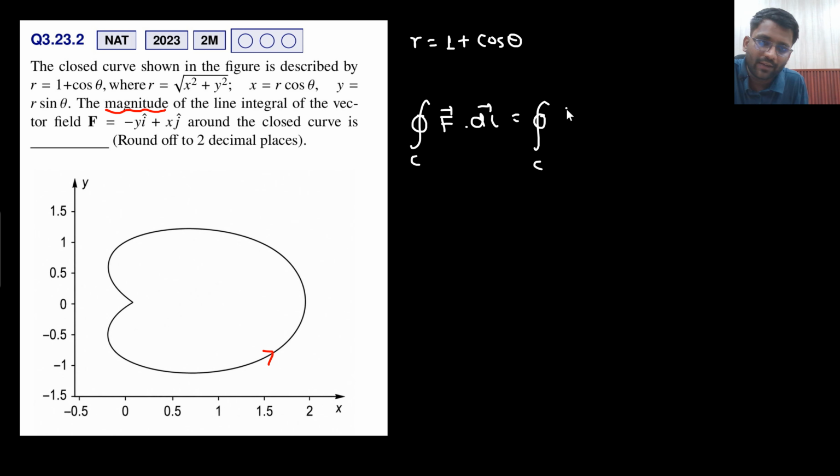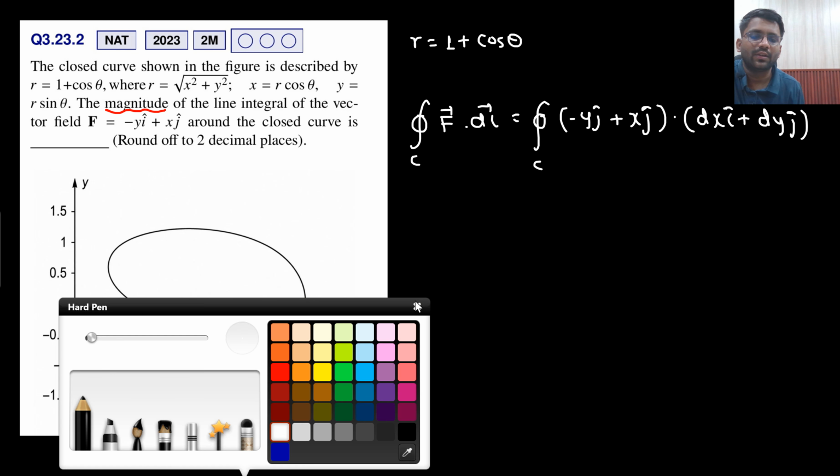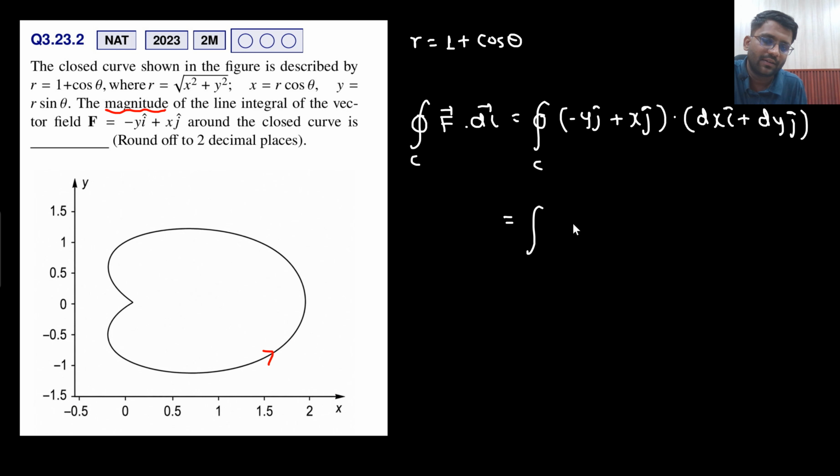What is F? F is minus y i cap plus x j cap, dot product with dx i cap plus dy j cap. What you are getting? For the closed curve, minus y dx. It is a closed curve, no? It is a closed curve. So why do I need to solve this directly?